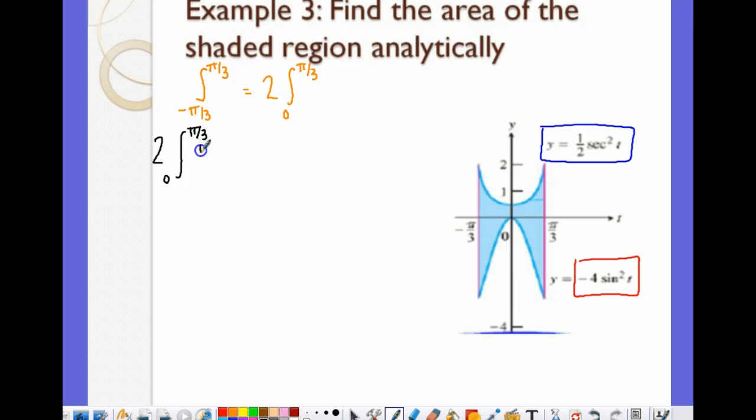So it would be the 1/2 secant squared t minus, which becomes a 4 sine squared t. And all of this is dt.